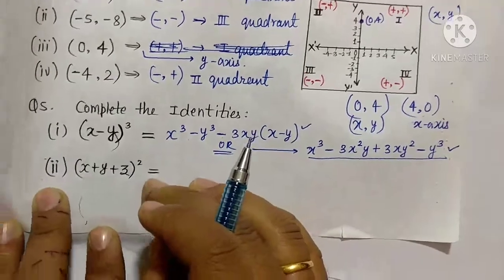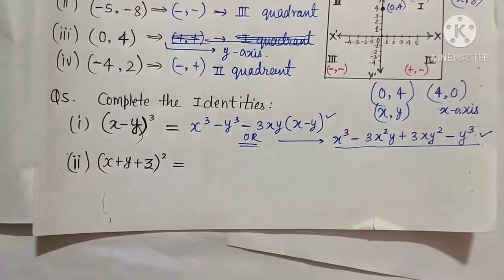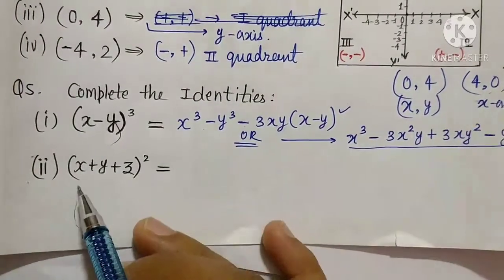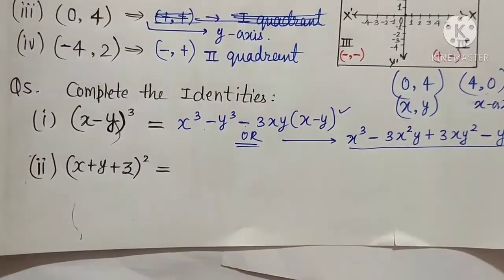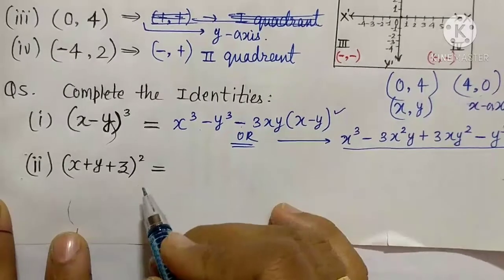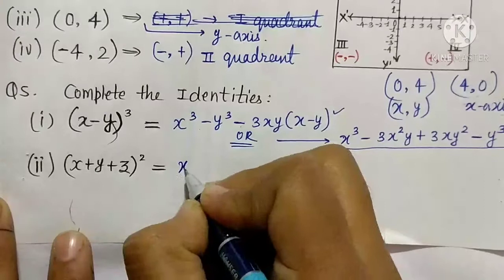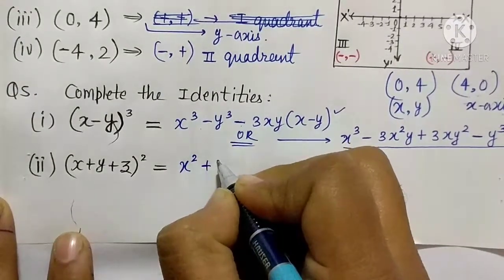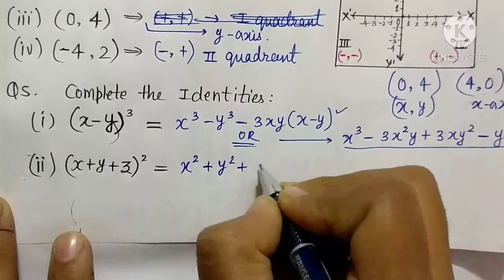Now the next identity is coming, x plus y plus z whole cube. Just pay attention here. Second part, x plus y plus z whole cube. Now what is the expanded form? I can say this one is the easiest one. Why? Because it comes like this, x square plus y square plus z square.